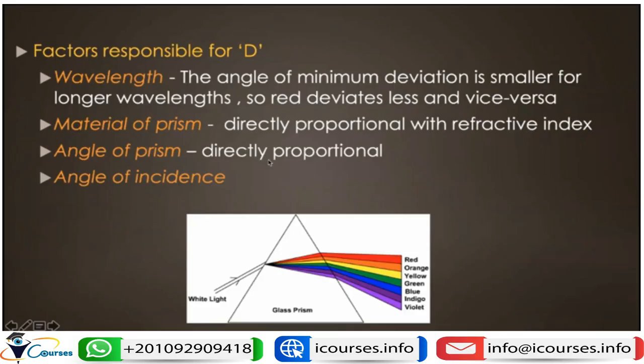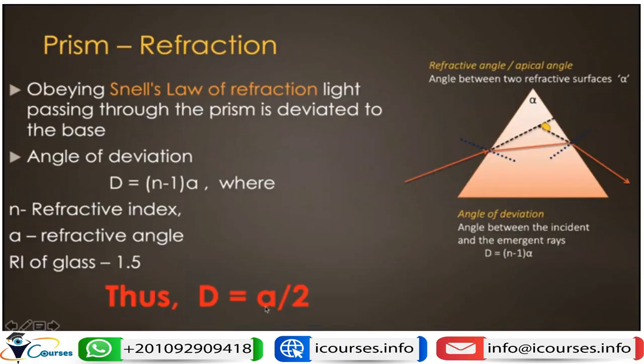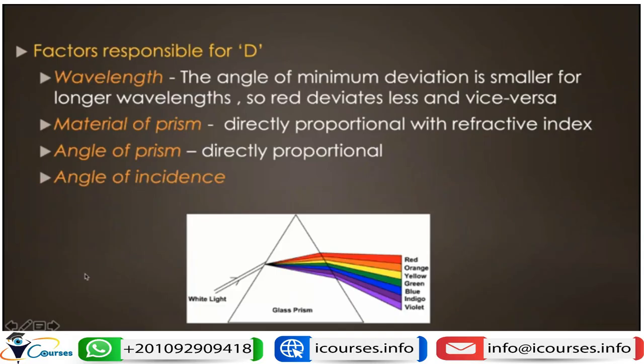The angle of the prism is directly proportionate again. So if we increase the alpha, the d will increase. And finally, the angle of incidence. So all these factors are responsible for the amount of deviation of light rays as they pass through the prism.